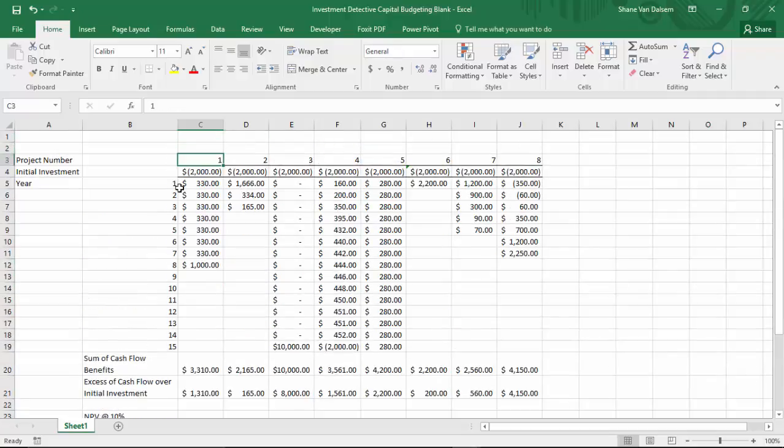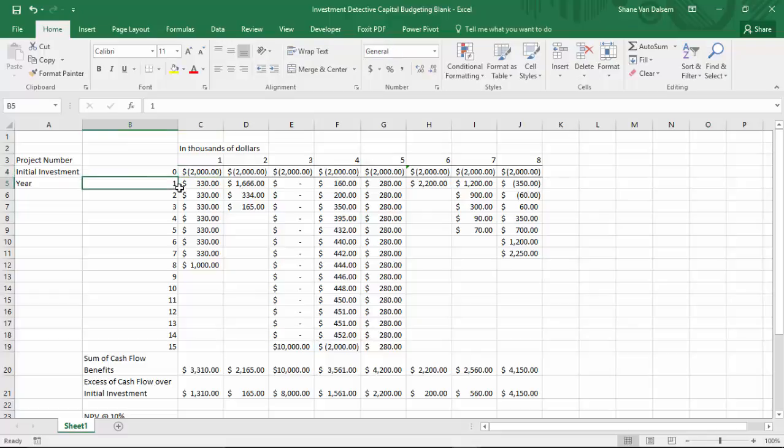So for project 1, so here's our project numbers. We have 1 through 8. They all have the same initial investment. And if we say this is in thousands of dollars, then our initial investment is $2 million. So our first project, we would invest $2 million at time 0.